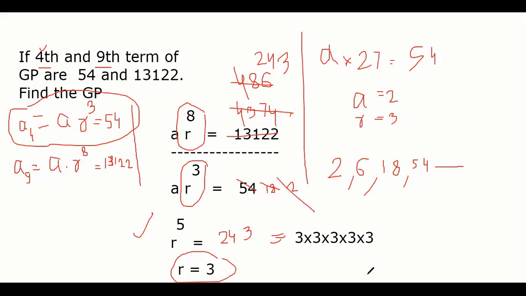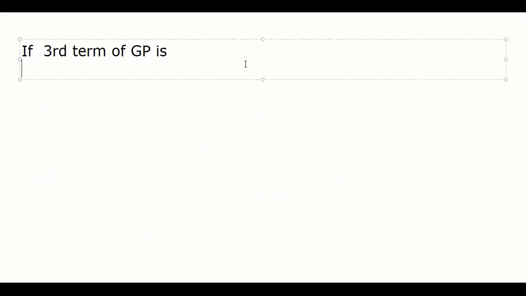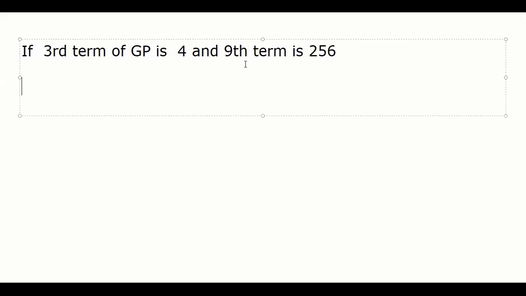Okay, I'll give you one question. This time you will do it. If the third term of a GP is 4 and the ninth term is 256, find the GP.